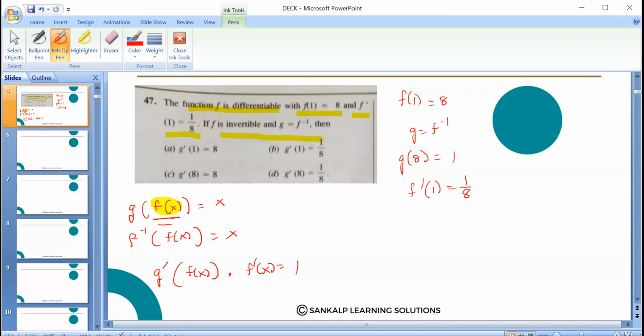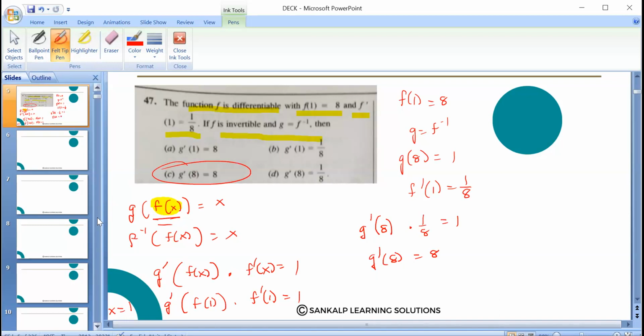Derivative of x is 1. So put x as 1. G dash of f of 1 into f dash of 1 is equal to 1. G dash of f of 1 is G dash of 8. F dash 1 is 1 by 8, equal to 1. So G dash of 8 will be 8. That is option C on this slide.